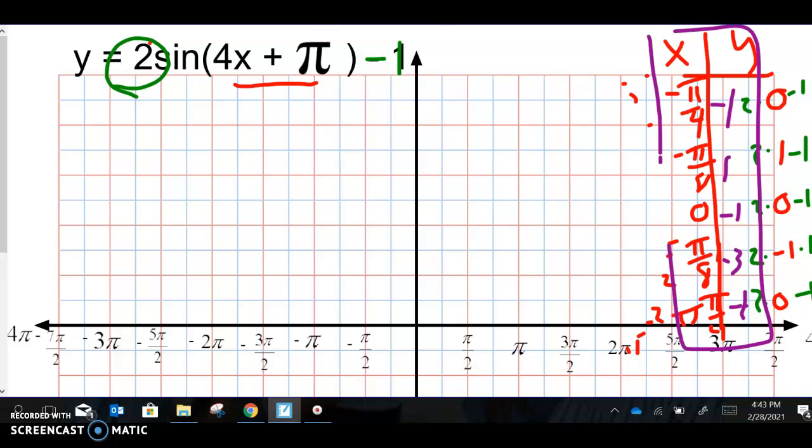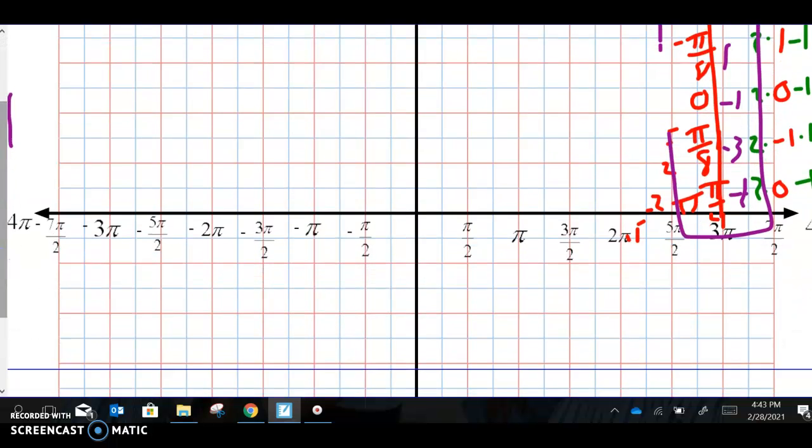So negative pi over 4, negative 1. And then I go negative pi over 8, 1. Okay, not halfway there, sorry. 0, negative 1.